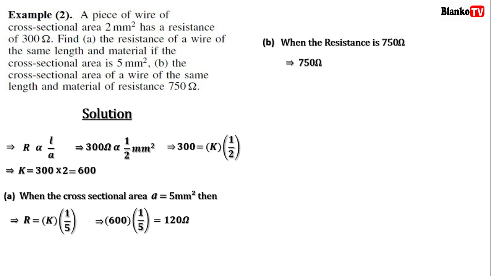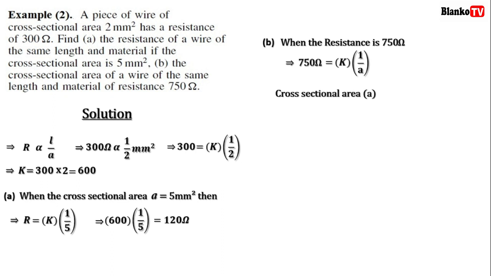So B, when the resistance is 750 ohms, we know that 750, that is the resistance, is equal to K times 1 over the cross-sectional area, 1 over A. So we are to find A, which is the cross-sectional area. 750 is the resistance, K is the coefficient of proportionality, 1 is the length, and A is the cross-sectional area. So we have to find the cross-sectional area, because we already know K to be 600.